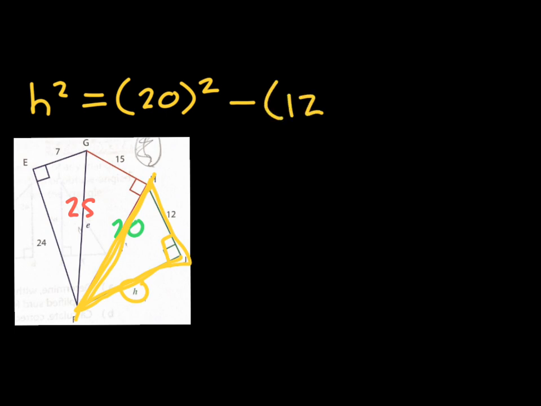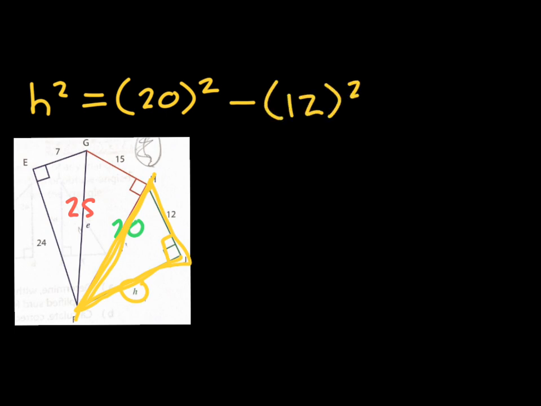So to find our missing value h, we can say that h squared equals our hypotenuse squared. Now what was our hypotenuse? We said that it was 20 squared minus the other known side, which was 12.